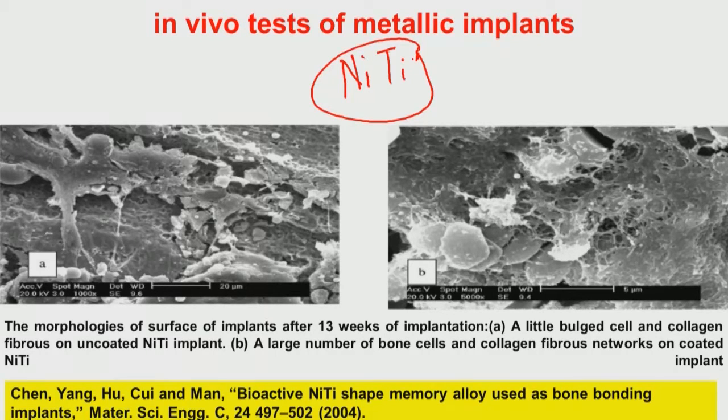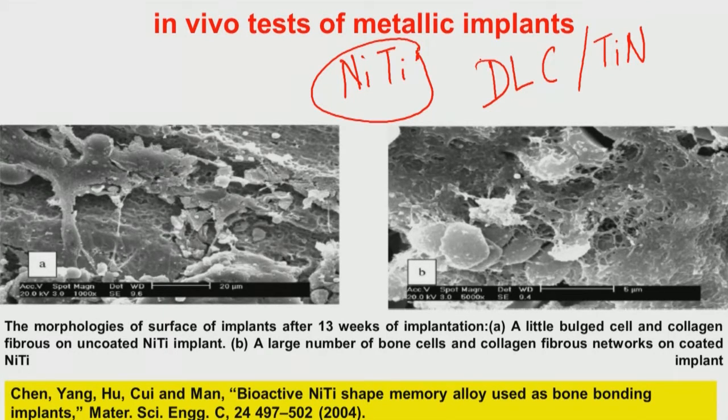To improve the blood compatibility, one has to use certain ceramic coatings, and some of the coatings I have mentioned earlier, if you remember, are diamond like carbon coating or titanium nitride coating. These are normally deposited on titanium or nickel titanium substrates to improve their hemocompatibility property.